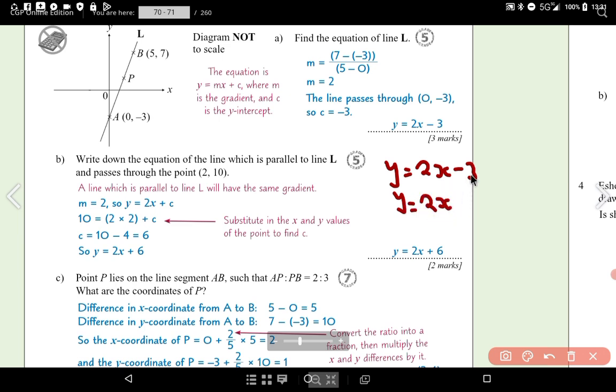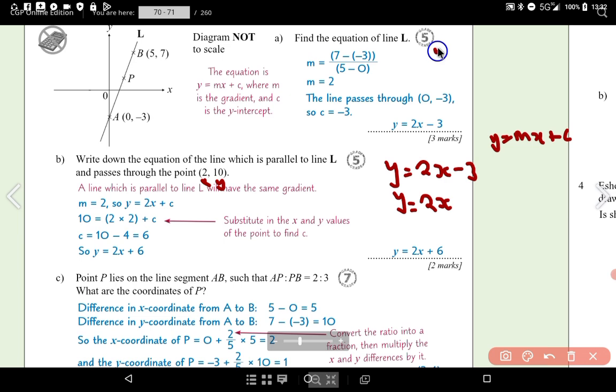Now finding c, because we have y is equal to mx plus c. How do you find c? We use this point. So we're going to say this is x, this is y. This is another way of finding c.